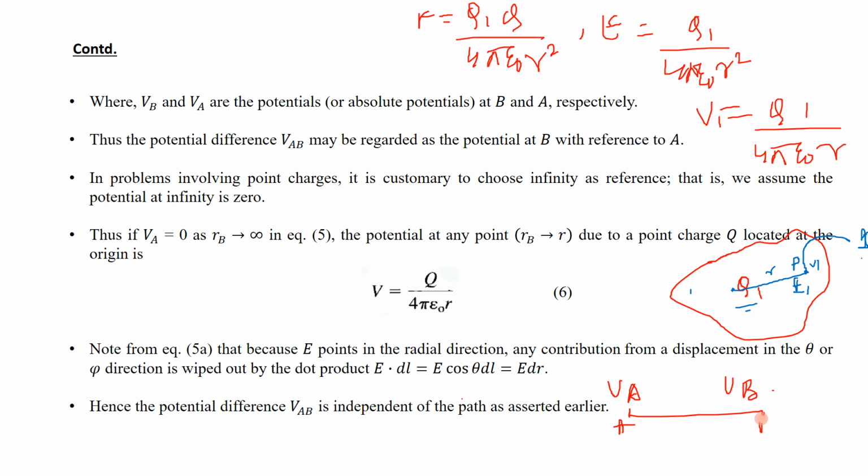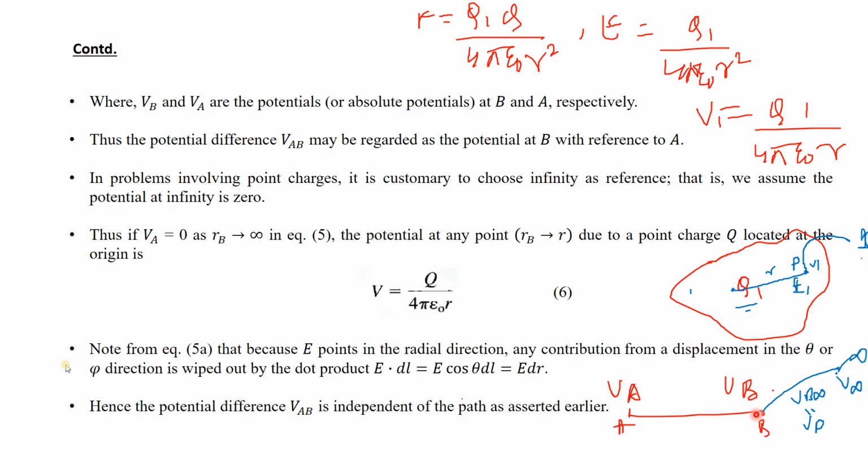So this is the potential difference between two points, A and B. But if you have another point which is infinity, with potential V infinity, then the potential difference between V infinity and B is generally written as the potential at B. That means whenever you are finding the potential at a particular point, you are actually comparing with respect to infinity.